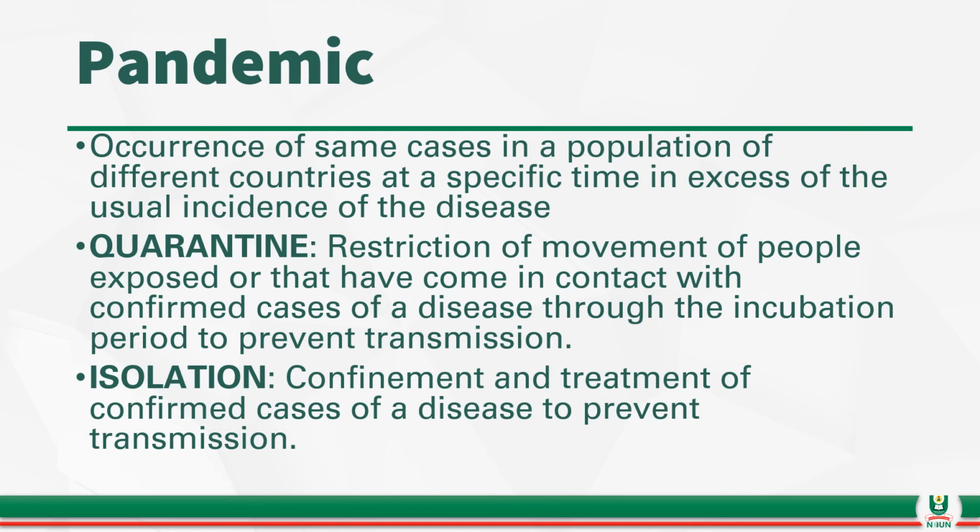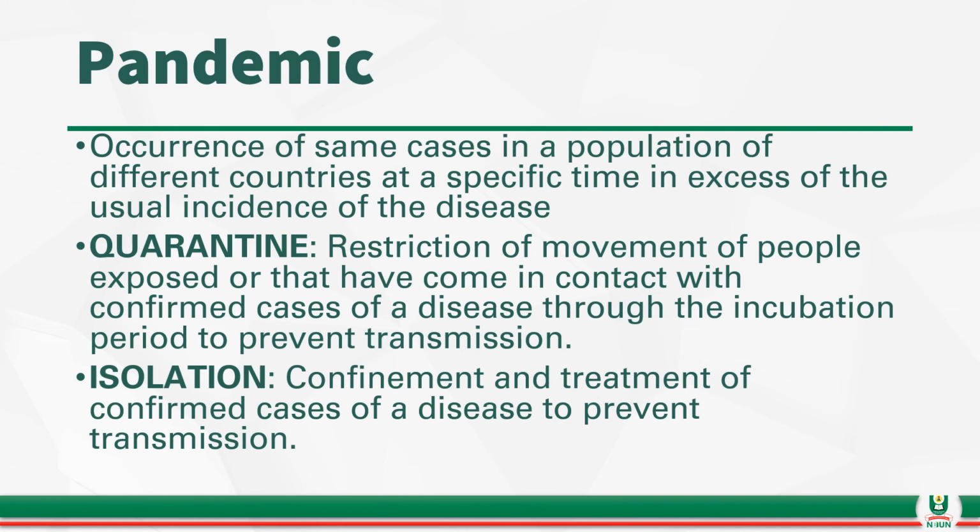So you want to restrict their movement within the incubation period to further find out if they would test positive or negative. So at the time you're confining them, they don't have signs and symptoms. They are suspected cases that you need to find out within the incubation period if they test positive or negative. So those are the people you quarantine within the incubation period of a disease.